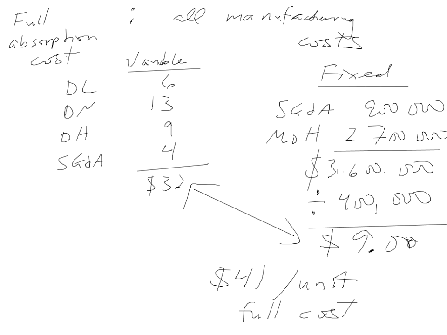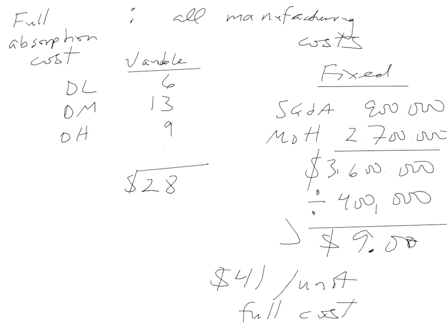Well, for variable cost, full absorption cost is going to include direct labor, direct materials, and overhead, but it's not going to include selling cost, because like I said, it only includes manufacturing cost. So that's going to change our answer here. Instead of $32, we're going to have $28 in variable costs.